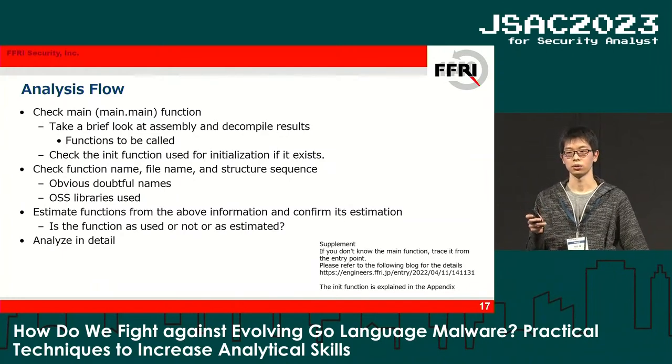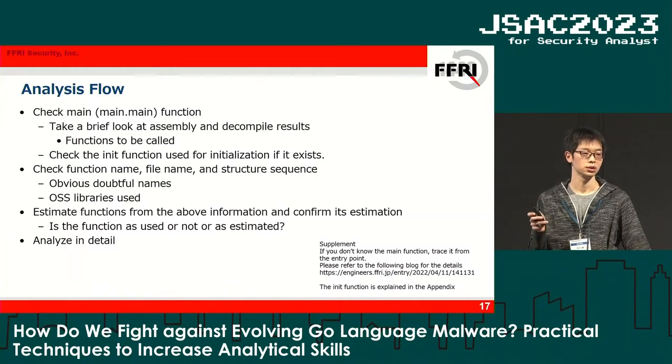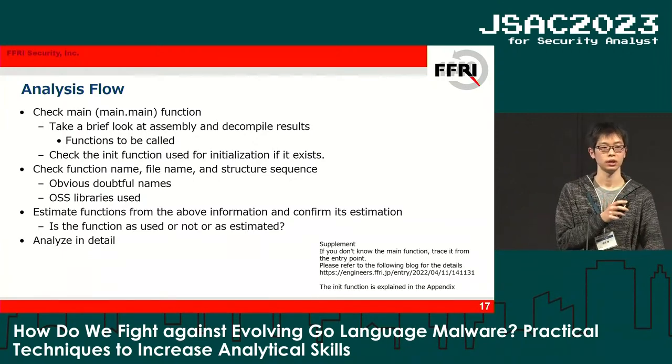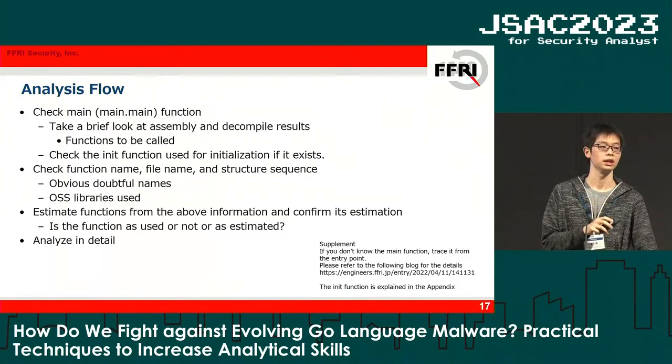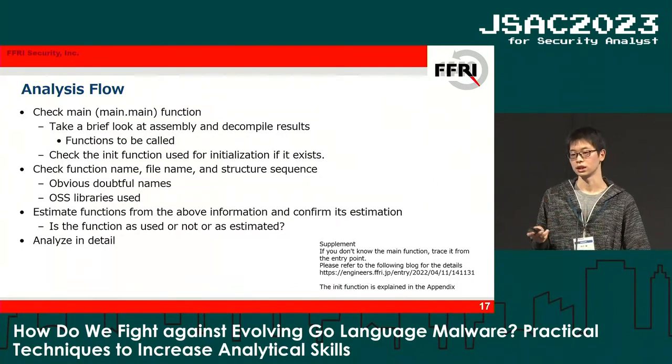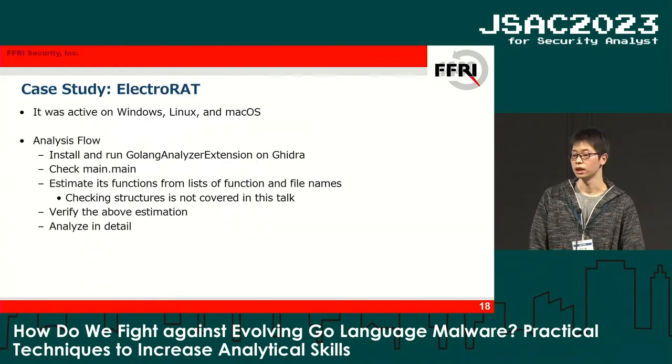If you confirm this information, you'll be able to know the names of the functions that might be attacking. Then the functions that you assumed at the next stage are confirmed as correct or not. Under such a flow, the malware functions can be understood, and we get into detailed analysis of each of the applications.